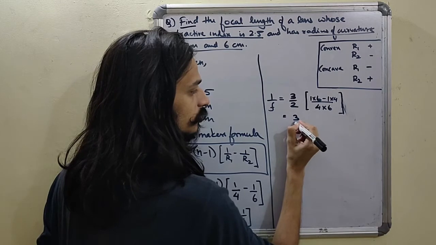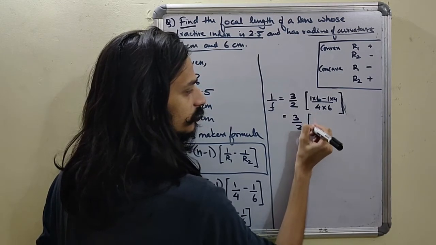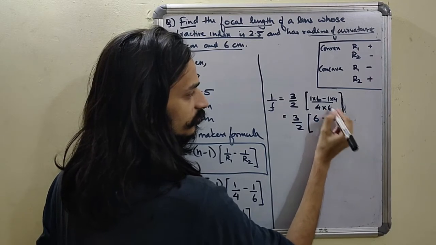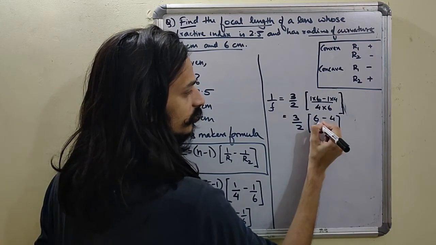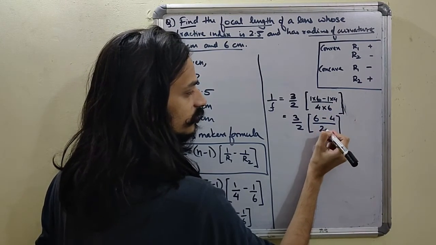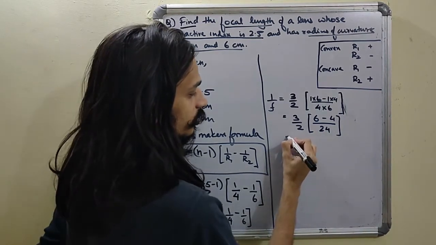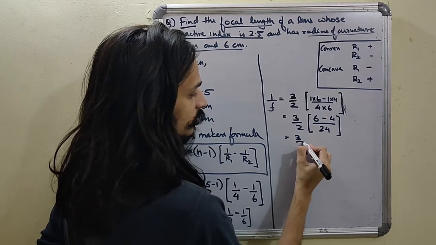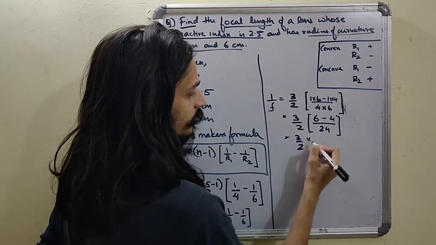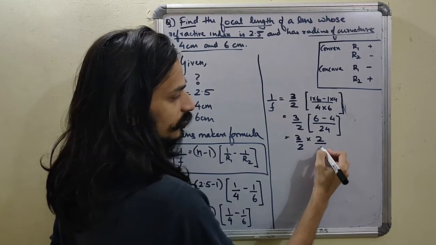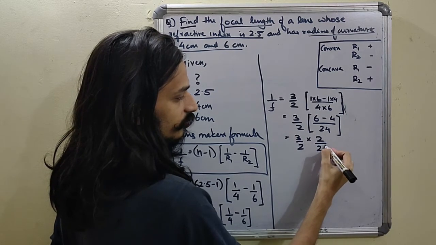So 3 by 2 into 6 minus 4 on the top, and 4 sixes are 24 at the bottom. It's nothing but 3 by 2 into 6 minus 4, which is 2, divided by 24.